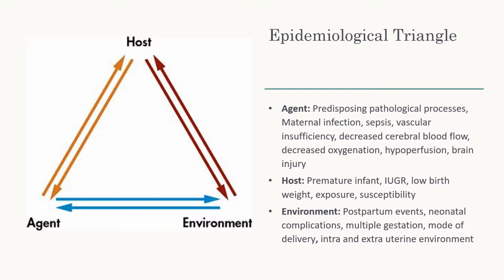When we're looking at the host, we can identify any premature infant, those infants that are intrauterine growth restricted, low birth weight infants, those with susceptibility and exposure increased. And the environment can be the postpartum events that occur, the neonatal complications, those that have multiple gestations, what the mode of delivery is, and intra and extrauterine environment.